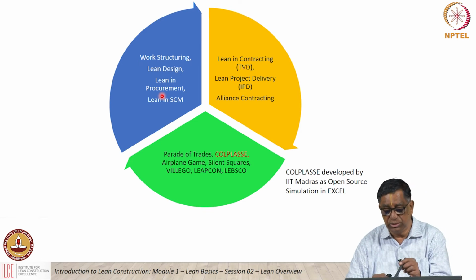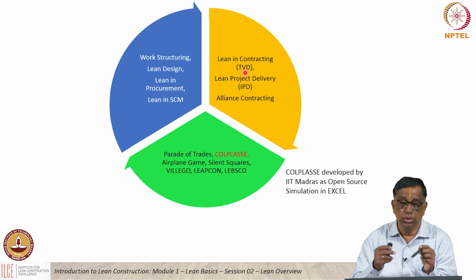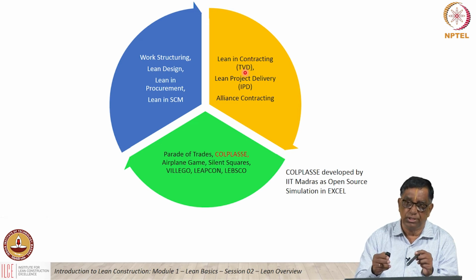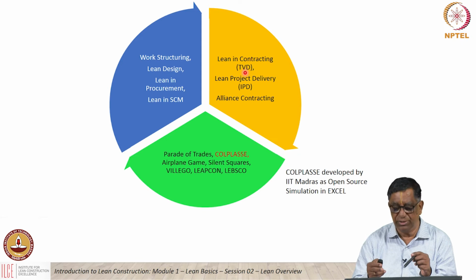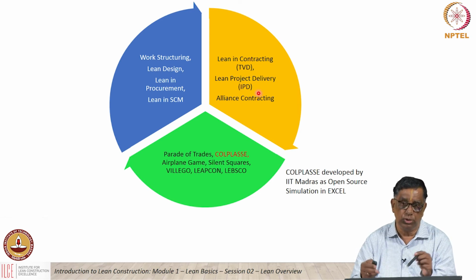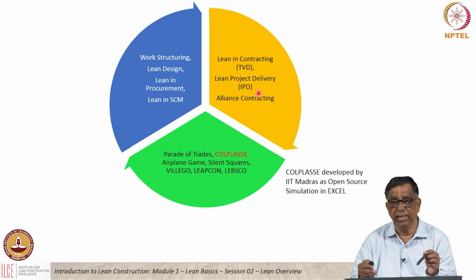In target value design, the owner, the architect and the designer work together with a common objective of a particular value or a cost with the functionality, and then achieve the objective in an efficient manner. And then when the consultant, architect and the owner work together, we have the IPD model, and you bring in the contractor also into the group, you have the alliance model.